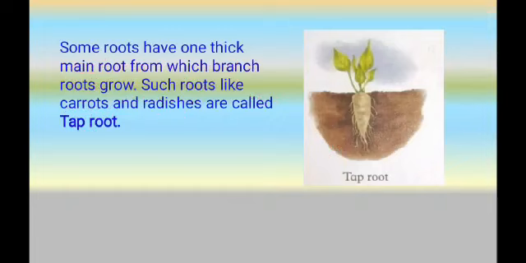Here you can see the taproot. Some roots have one thick main root from which branch roots grow. Such roots are like radish, carrots, turnip. All of these are examples of the taproot.